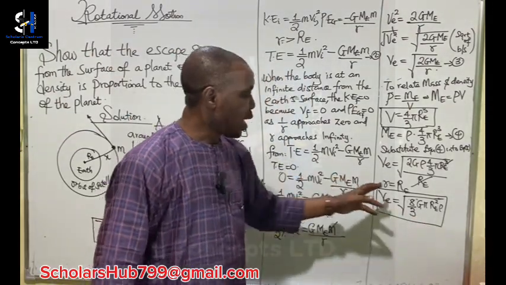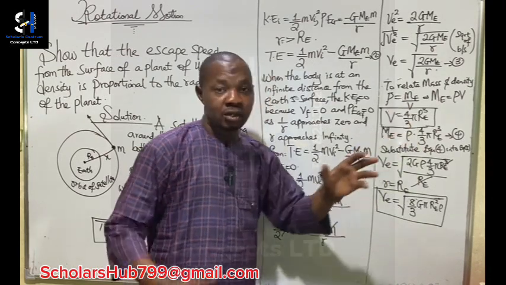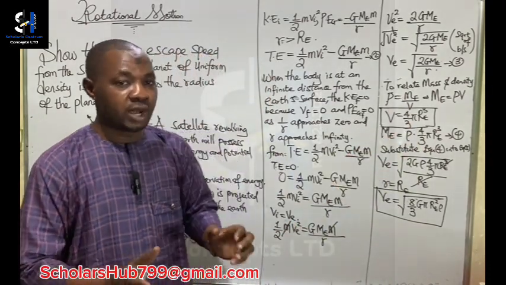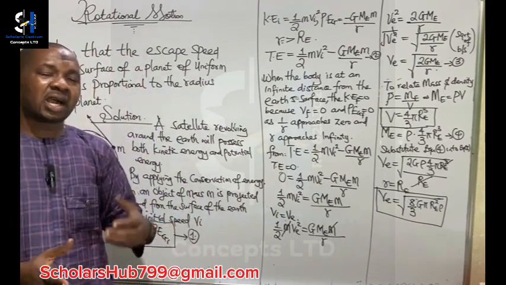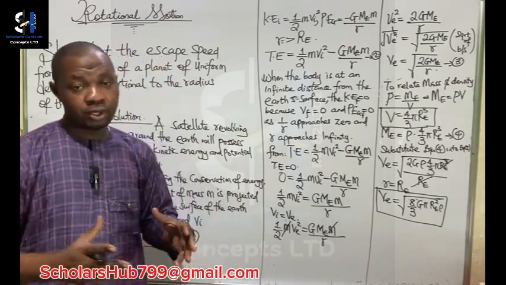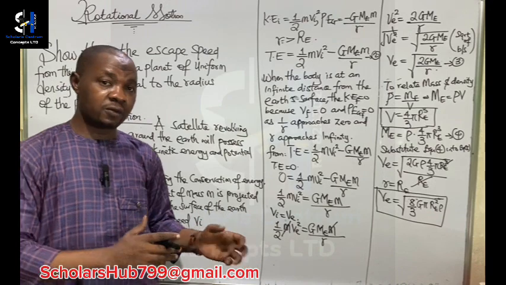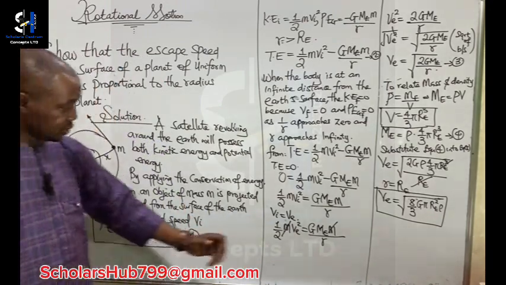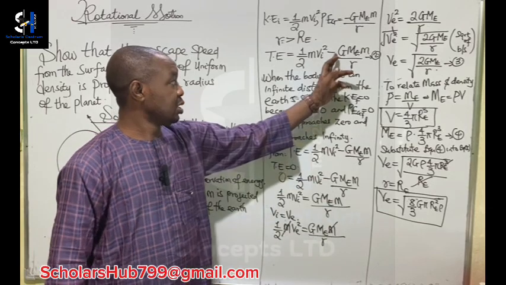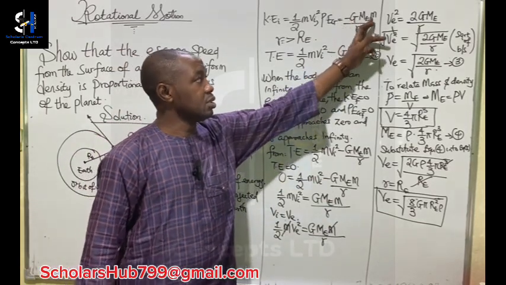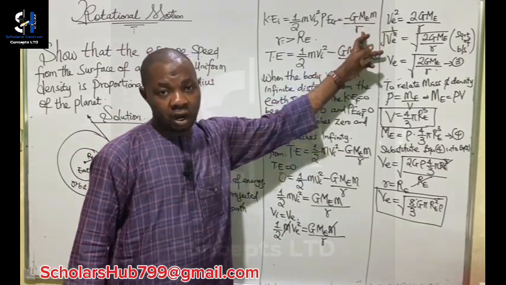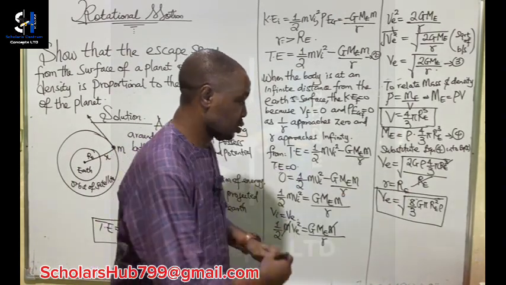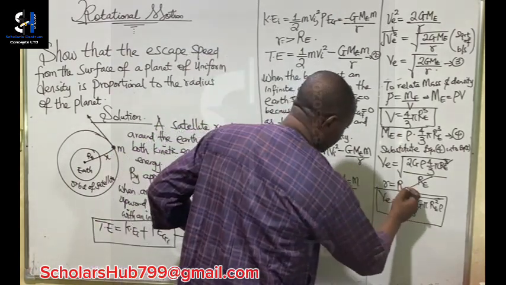I made use of the small r because when I explained gravitational potential energy, I said the gravitational potential energy associated with a body of mass m at a distance r from the surface of the earth is negative GMe times m over r. But in this case, I made r equal to Re.